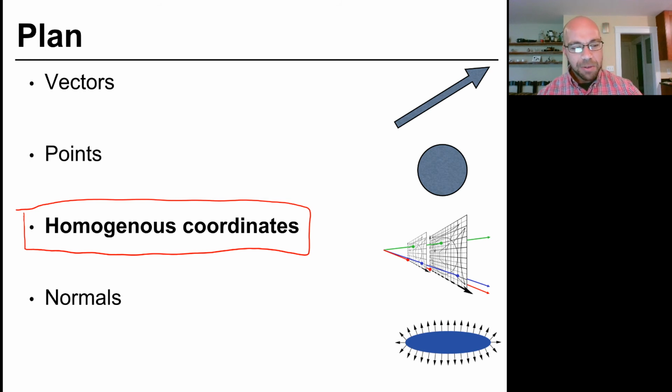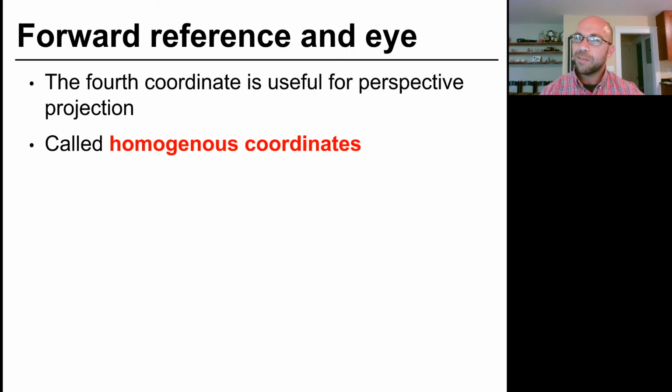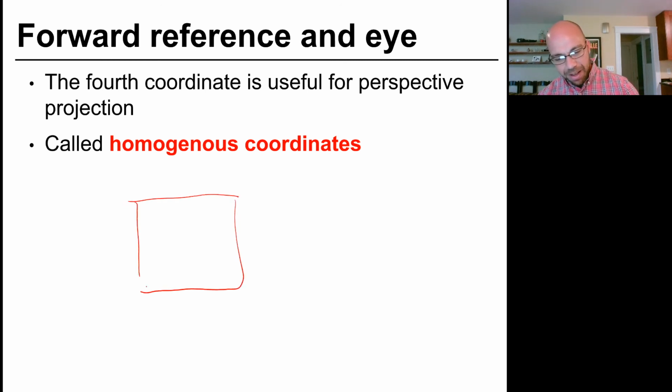And in fact, homogeneous coordinates are not just useful for distinguishing points and vectors, they also have another really critical application in the computer graphics world, and that's for perspective projection. So remember that if I'm rendering parallel train tracks, here's my camera, I'm looking out in the world and I'm standing on train tracks, hopefully not active train tracks.